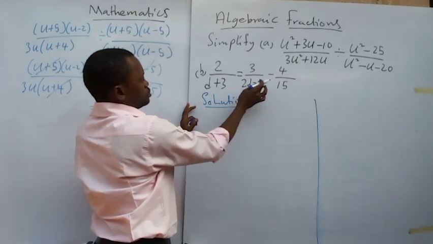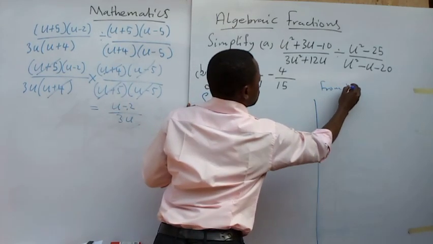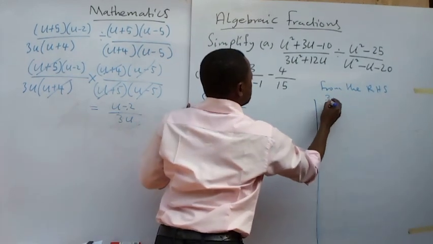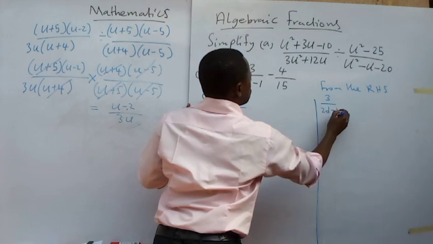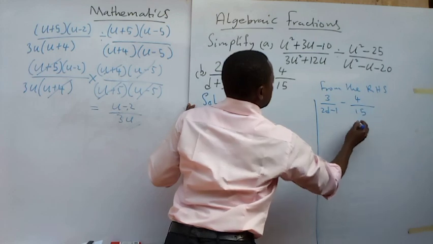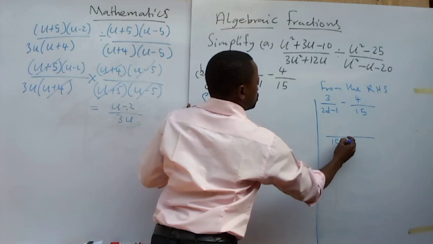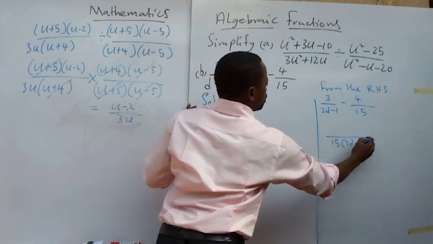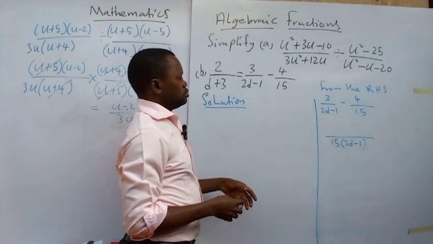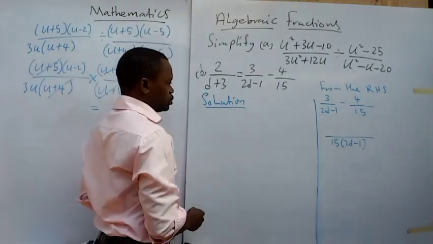From the right hand side, I have 3 over 2d minus 1, then minus 4 over 15. By LCM, the LCM here is 15 bracket 2d minus 1. When you have a matter like this, you use the product of both as the LCM. I think that's the best thing to do.